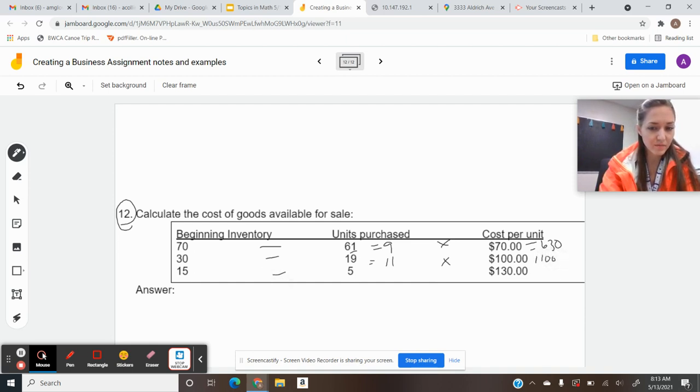Okay, 15 minus 5 times 130 equals $1,300. All right, now I just need to add those together. And I get $3,030. All right, if you guys have any questions on this section, make sure you ask, and I think that's pretty much it.